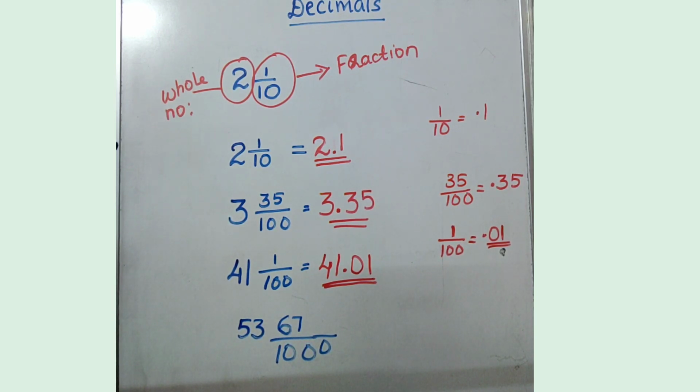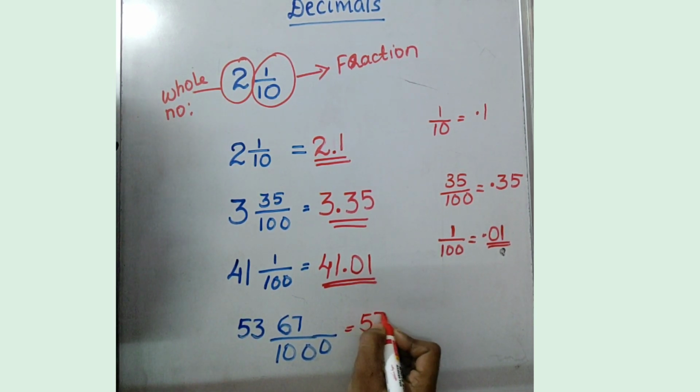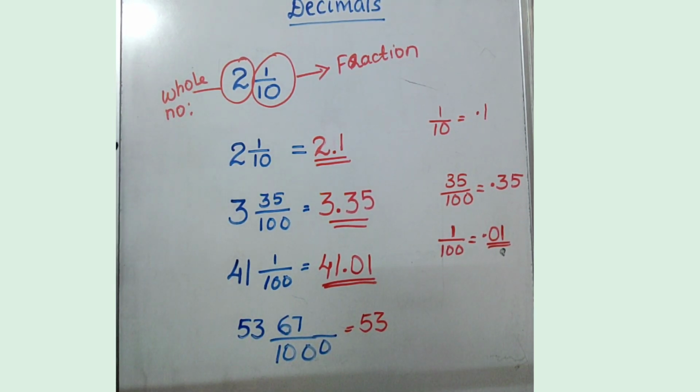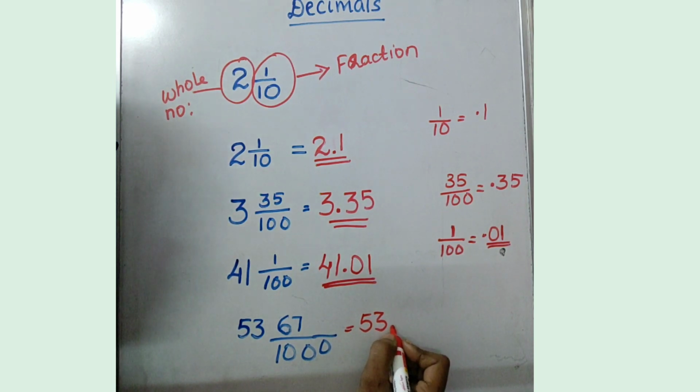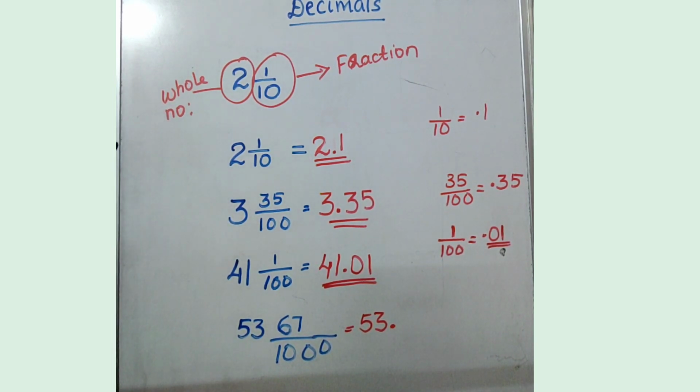How will you find out the answer? We know that this is the whole number and this is the fractional part. The whole number we write the same, 53. Then put the decimal point, because after that the fractional part is coming. So we put the point here.